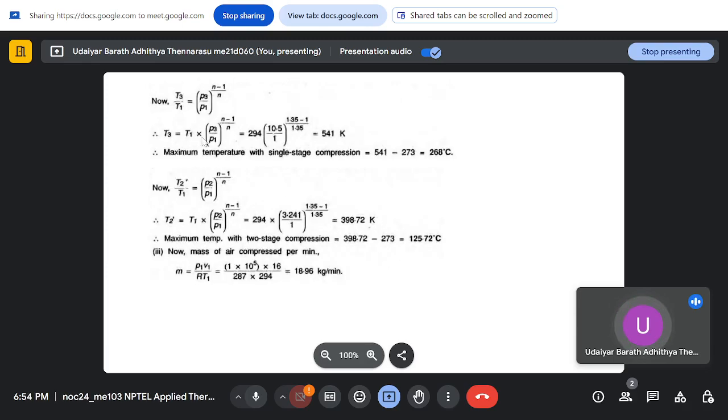And if you look at the temperature, T3 by T1 equals P3 by P1 raised to the power n minus 1 by n. If you do it in a single stage, T3 is 541 Kelvin, and T2 dash will be 398.72 Kelvin.